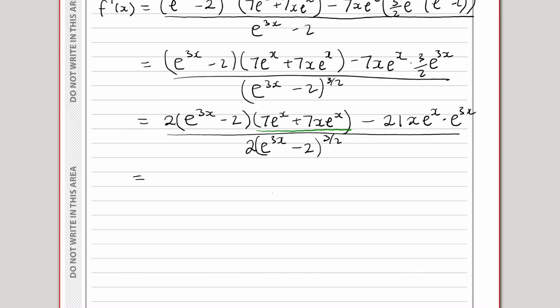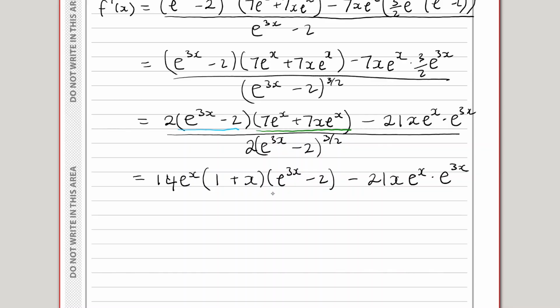And I'm going to move it to the front, which is going to make it a 14e^x. So 14e^x. And I'm going to stick with this green bracket. So I've taken 7e^x out, which leaves 1 plus x. Then it's times by this other bracket, e^(3x) minus 2 minus 21x e^x times e^(3x).